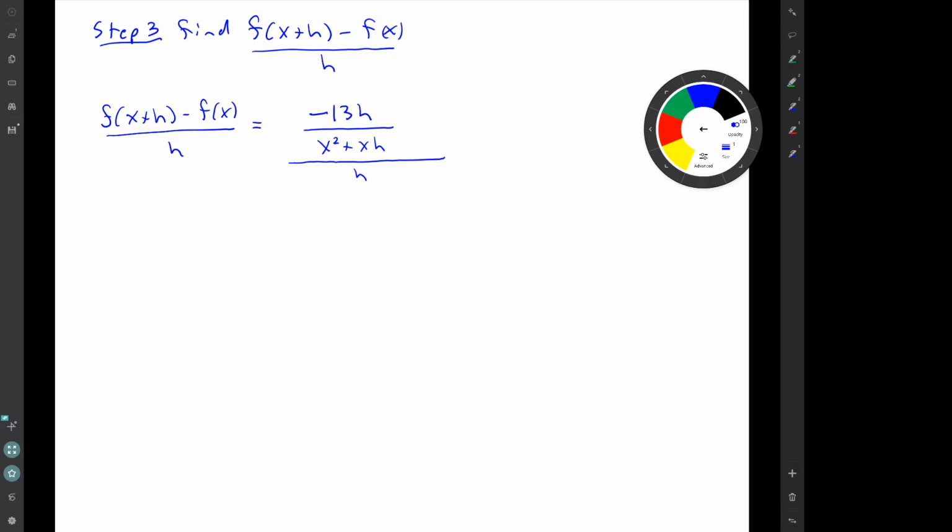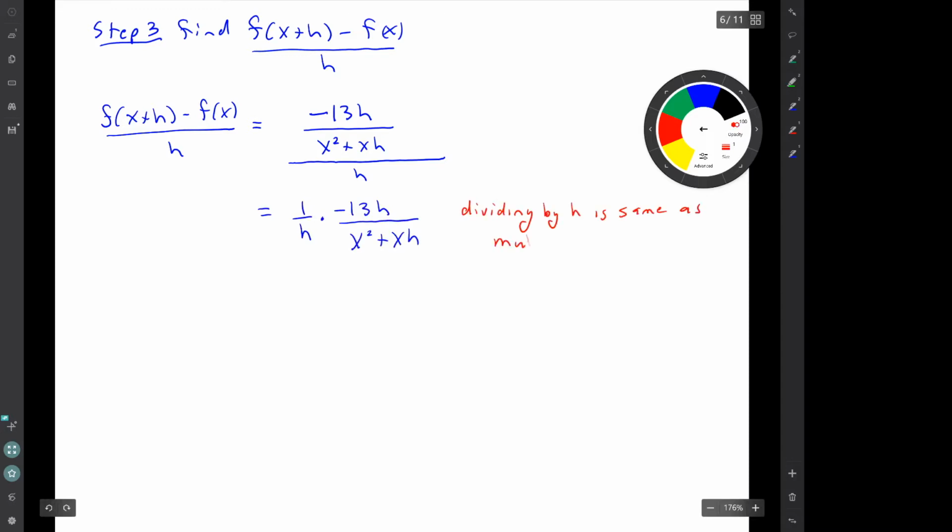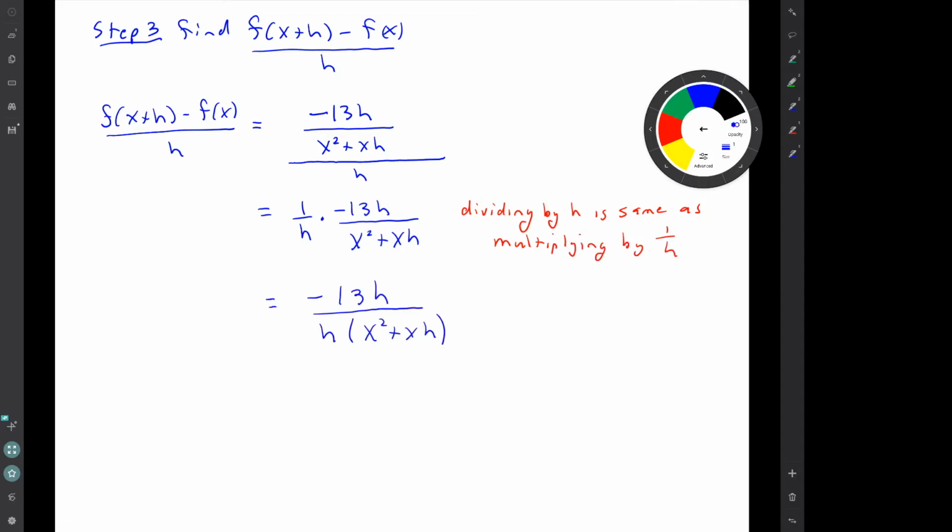Now I find fractions divided by something to be confusing. I find it much clearer, instead of dividing by h, to multiply by 1 over h. And there's our f of x plus h minus f of x over h. Now, I don't go any farther in this step.